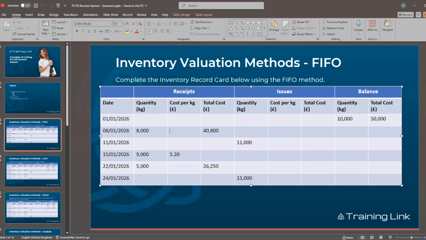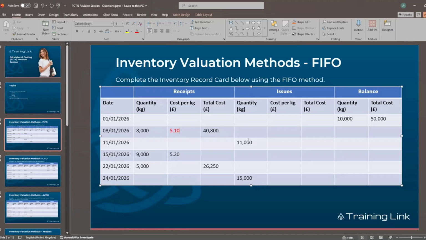As we go through, we are going to update these fields in the receipts column, because sometimes you can be asked to do that in an exam. We'd take our total cost, in this case 40,800, and divide it by the quantity, 8,000 kilograms, to get a cost per kilogram, which should be £5.10.